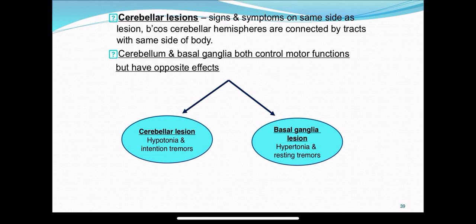In a cerebellar lesion, there is reduced muscle tone, hypotonia, and intention tremors, whereas in a basal ganglia lesion, there are resting tremors, meaning even when the patient is sitting quietly there will be tremors of the hands, not necessarily when he has to pick up an object. Even at rest, the patient presents with resting tremors and increased muscle tone, known as hypertonia. So this is all about cerebellum.